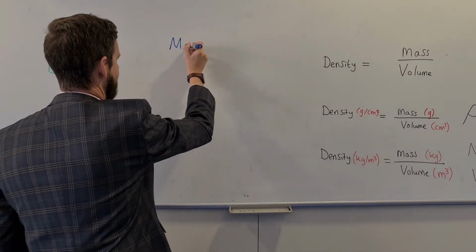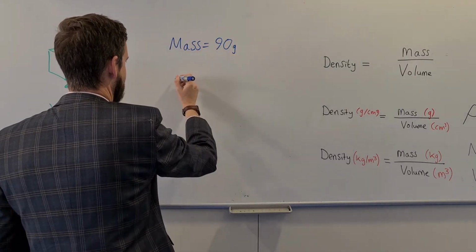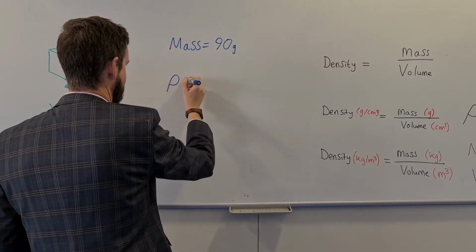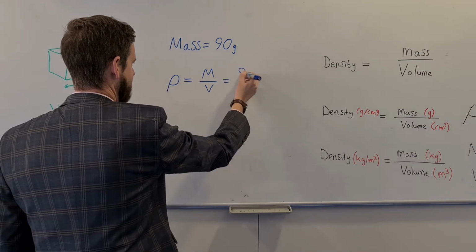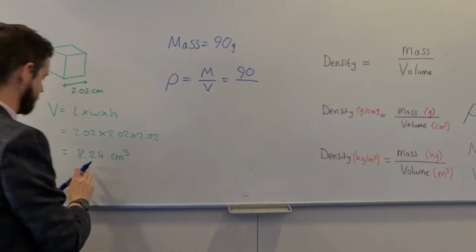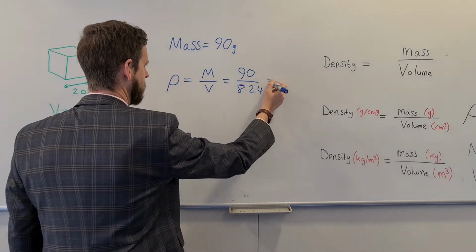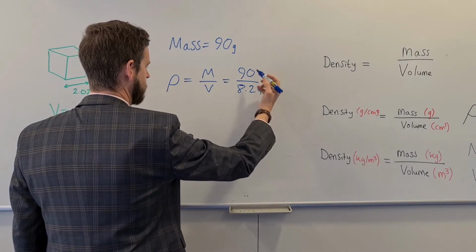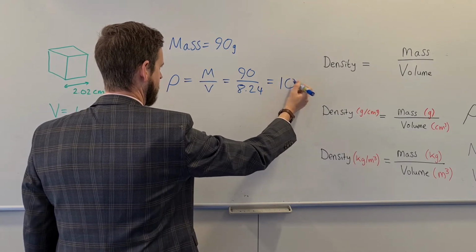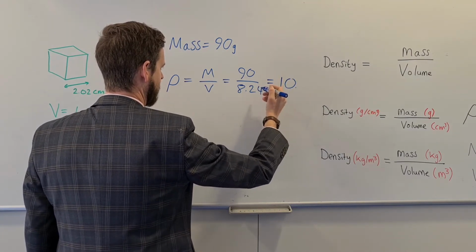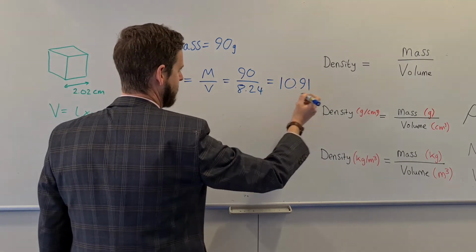So if the mass is equal to 90 grams and the density is the mass divided by the volume, or the mass of 90 grams divided by the volume, 8.24, would equal, well, let's go with that.